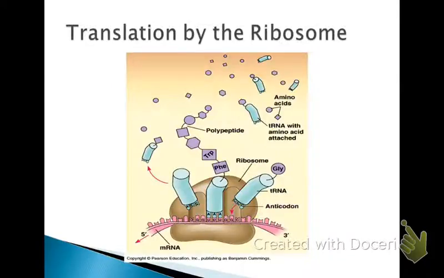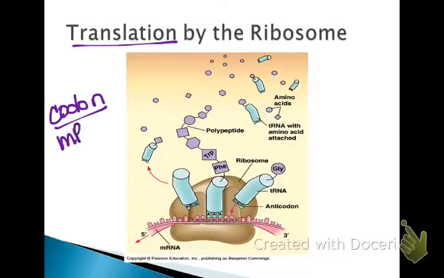So, getting into the notes on translation, remember that we said translation, thinking about that in layman's terms, is taking one language and converting it to another language that is understandable for you. Translation in this case takes the language of the codon, the code that's on the messenger RNA, and translates it into the name of an amino acid.